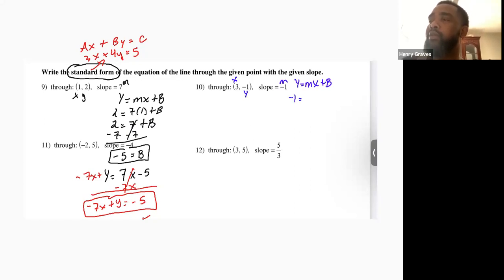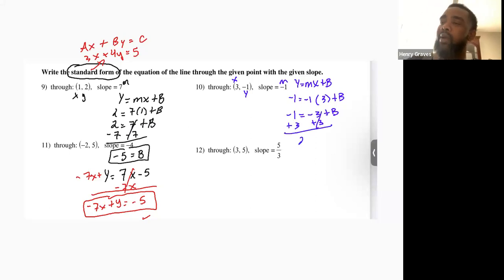So negative 1 is equal to negative 3 plus b. I add 3 on both sides to get rid of that negative 3. So negative 1 plus 3 is a 2. So we have our b, right? But we have to be careful, because now we need to plug it back into the equation. So y will equal negative 1x plus 2, right?